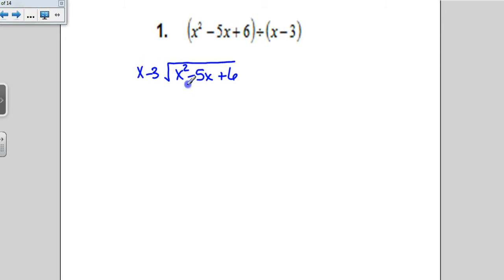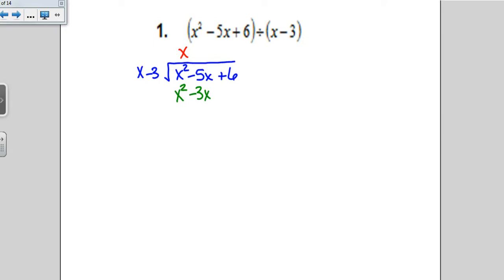Well, the other way to think about that is what times x would give me x squared, and that answer would be another x. So that's the division part, and now we're supposed to multiply. So we take our x and we multiply it by the quantity x minus 3. Well, that gives us x squared minus 3x.